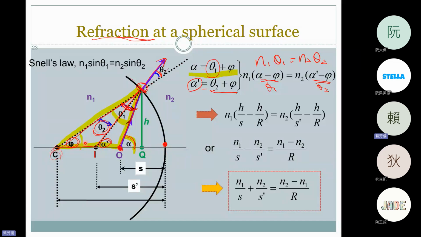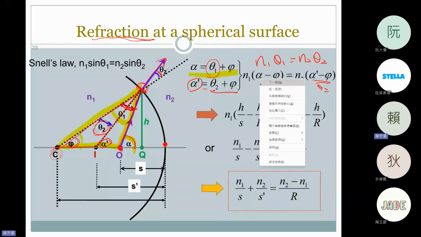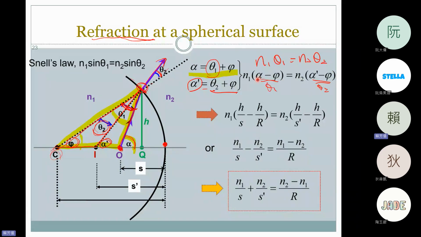Okay, so now we can rewrite this equation: alpha is approximately equal to sine alpha and tangent alpha. The tangent alpha is actually h divided by S1. So h divided by S is the tangent alpha or the sine alpha.